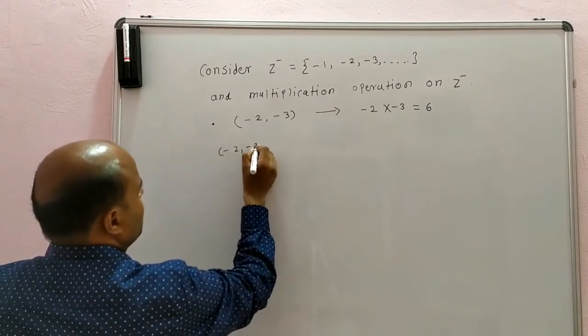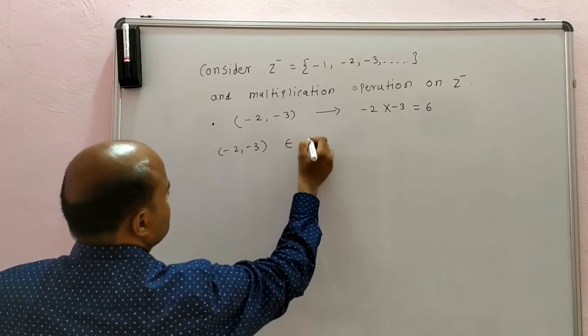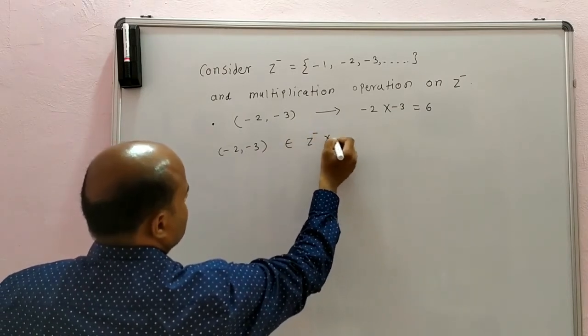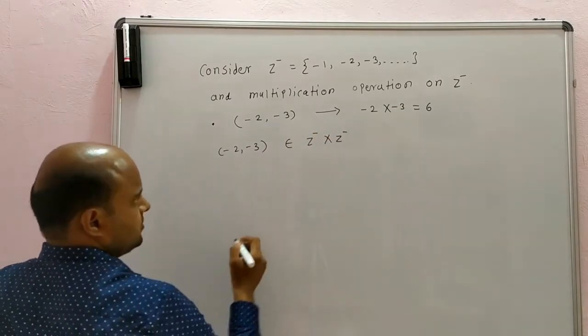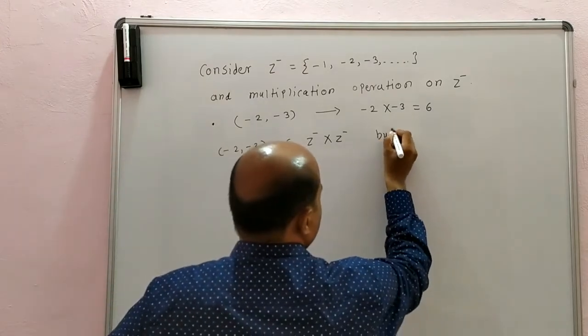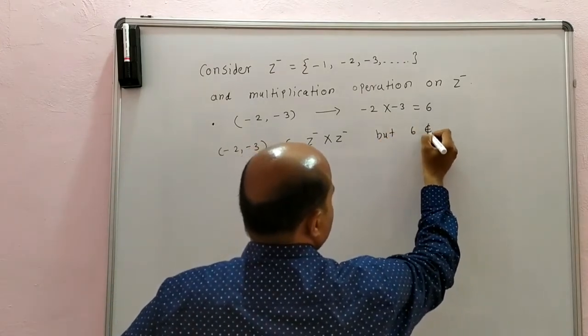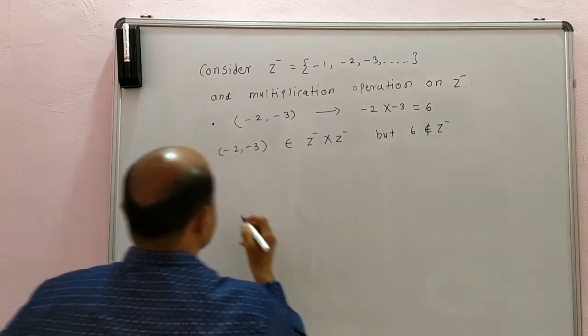(Minus 2, minus 3) is in Z minus cross Z minus, but 6 is not in Z minus.